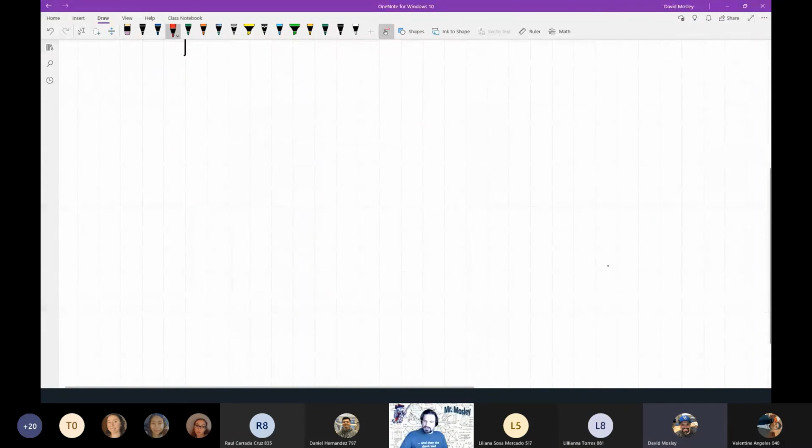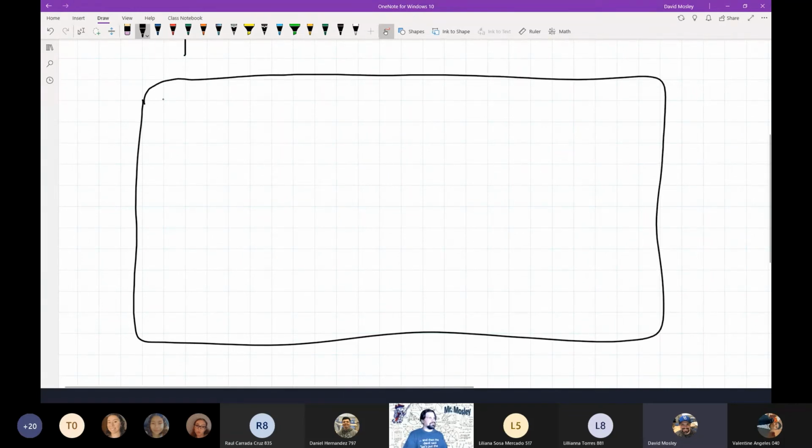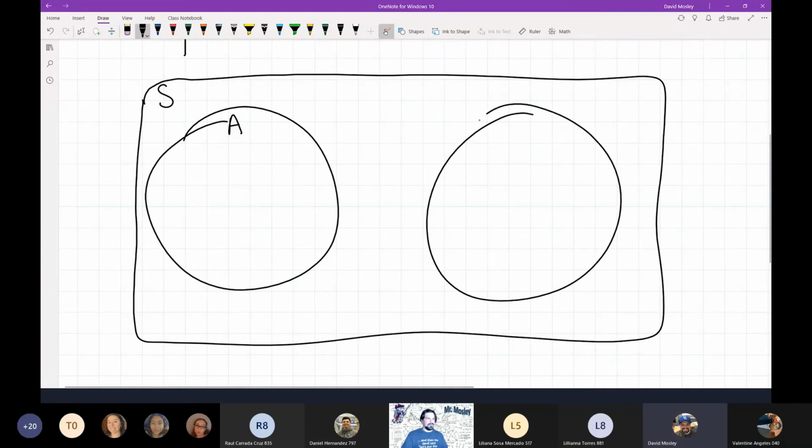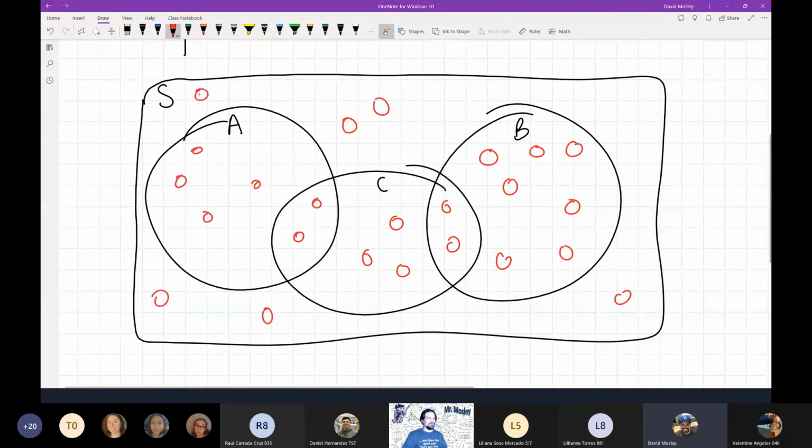So what that means is, if we consider a sample space, let's say that this box represents my sample space S. And then I have event A and event B. Let's even say I have another event, we'll call this one C. The red circles here represent possible outcomes.